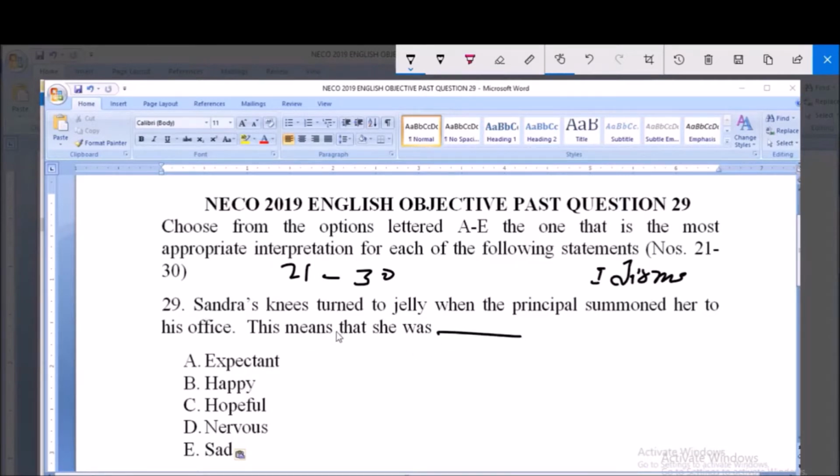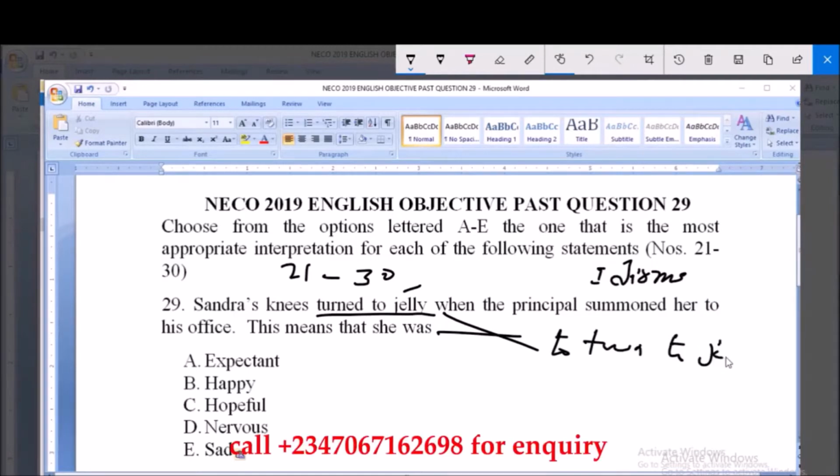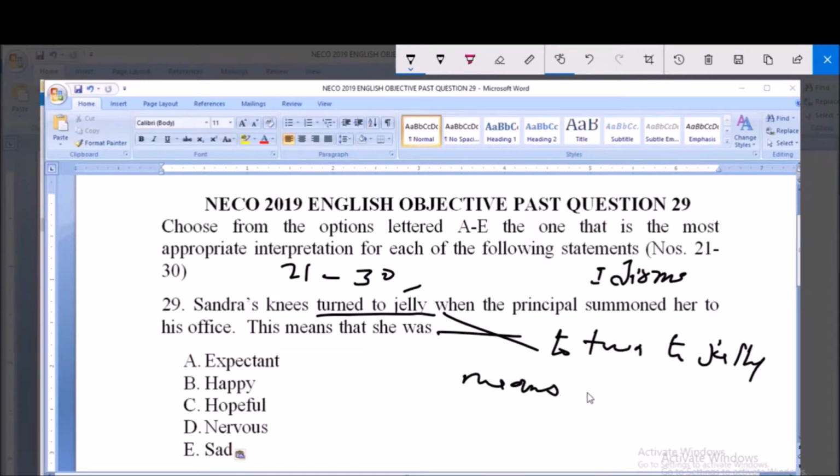The focus of our idiom here is turned to jelly. To turn to jelly means to become nervous.